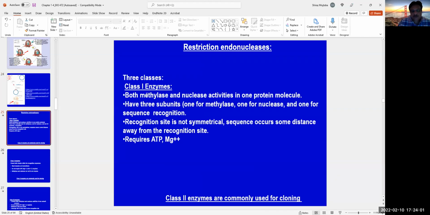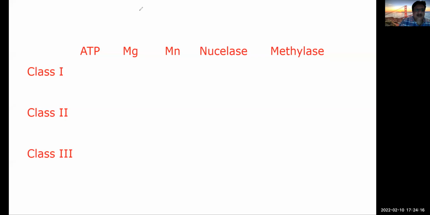Type 1 has both methylase and nuclease activities, and it requires both ATP and magnesium ion. So let's go back to our chart. Class 1 enzyme has both nuclease and methylase, and it requires manganese, magnesium, and ATP.